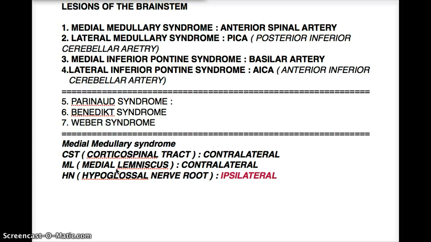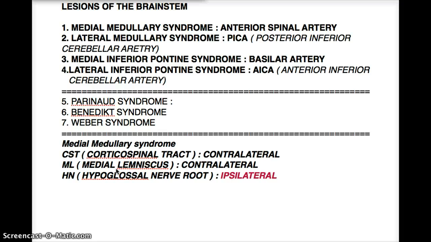So for example, if we sense vibration and proprioception on the right side, the nerve will carry the impulse from our body onto the spinal cord on the right side. And then the first order neuron is going to make a synapse and move onto the left side. And then it's going to go up onto the thalamus and then onto the brain.